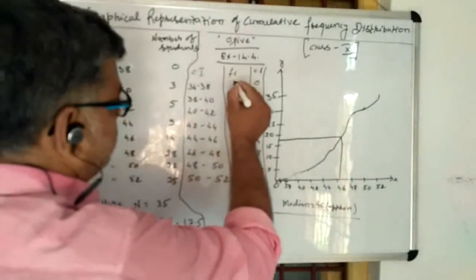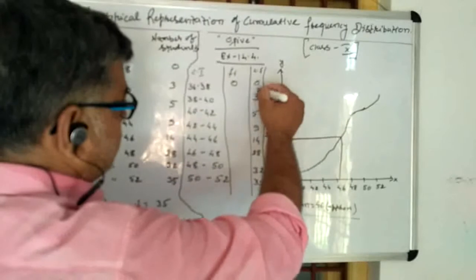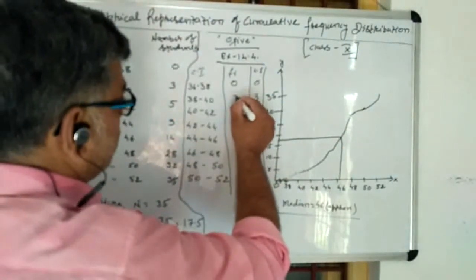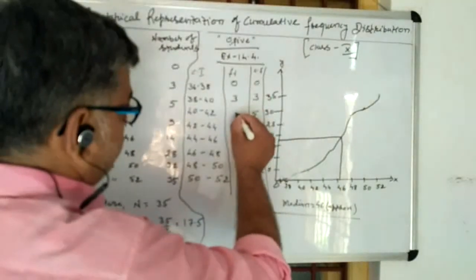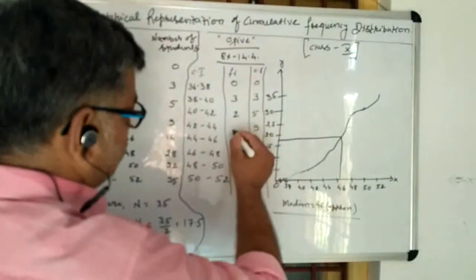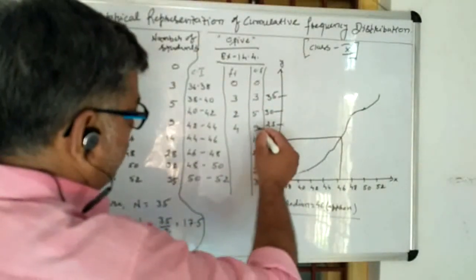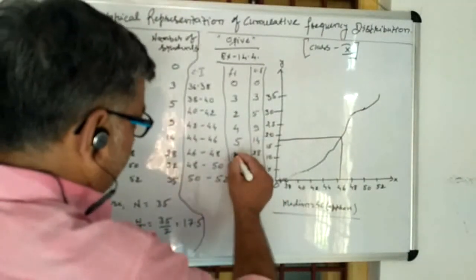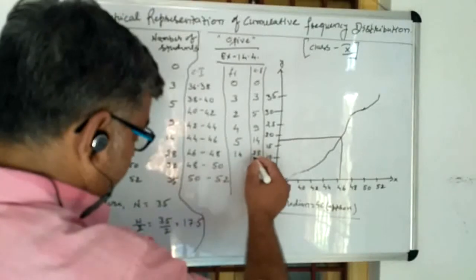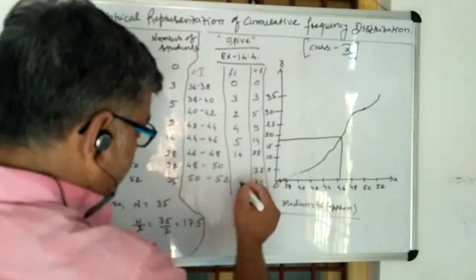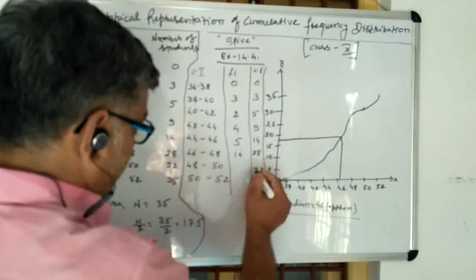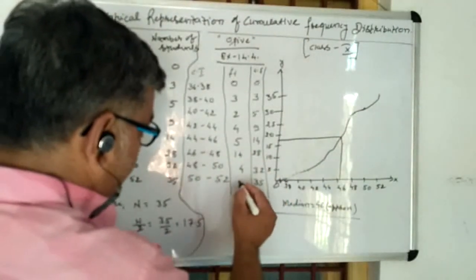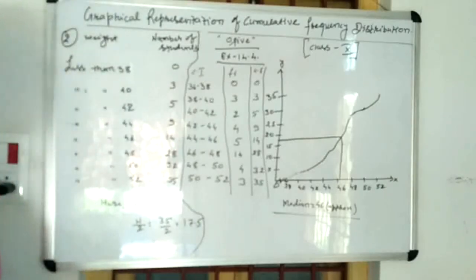So first you write 0, thereafter subtract: 3 minus 0 will be 3, 5 minus 3 will be 2, 9 minus 5 will be 4, 14 minus 9 will be 5, 28 minus 14 will be 14, 32 minus 28 will be 4, and 35 minus 32 will be 3.